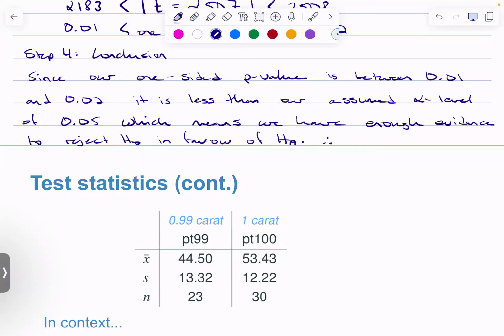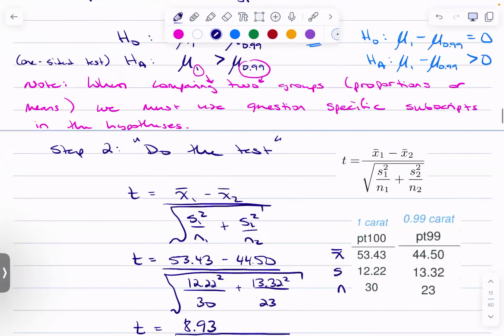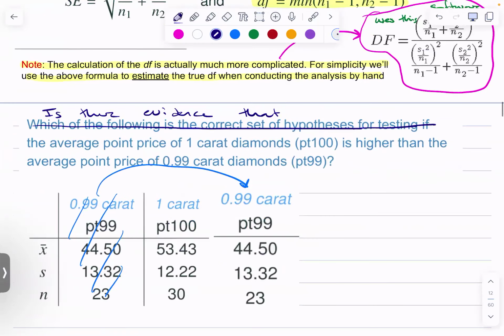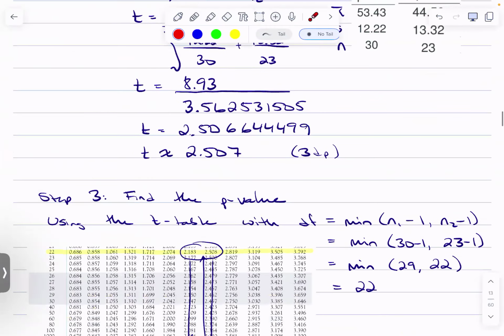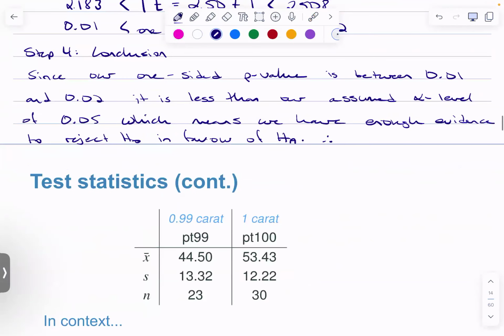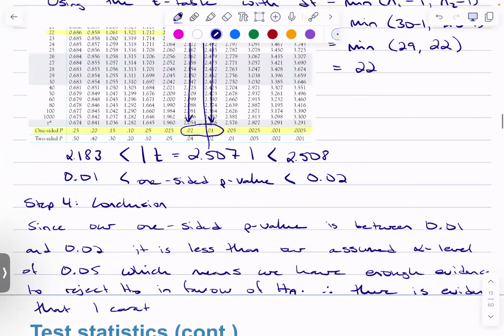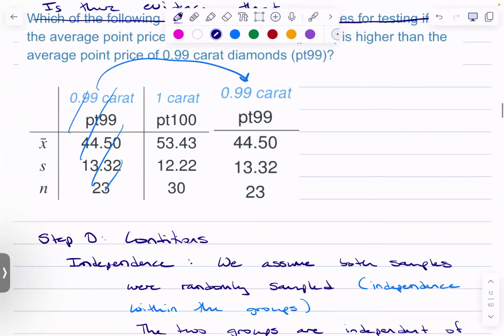now we want to rephrase the question as an answer. All right, here we go. Way up here. There is evidence that the average point price of 1 carat diamonds is higher than the average point price of 0.99 carat diamonds. Therefore, there is evidence that 1 carat diamonds, or sorry, the average point price, I think they specified.